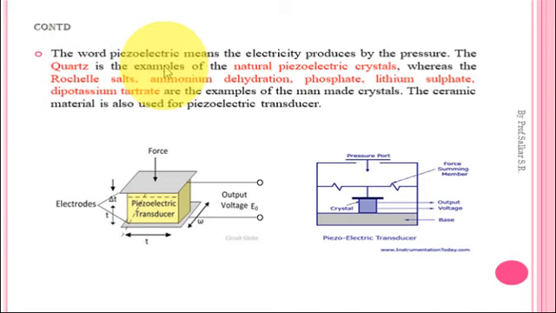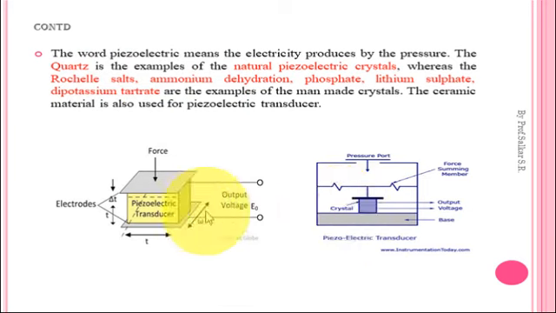We also have other materials such as Rochelle salt, ammonium dihydrogen phosphate, lithium sulfate and dipotassium tartrate. These are examples of man-made crystals which can also be used as piezoelectric crystals. When these crystals are pressurized, they produce an EMF around themselves, which is then measured as electrical voltage.